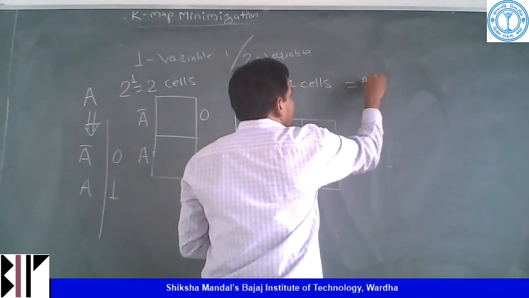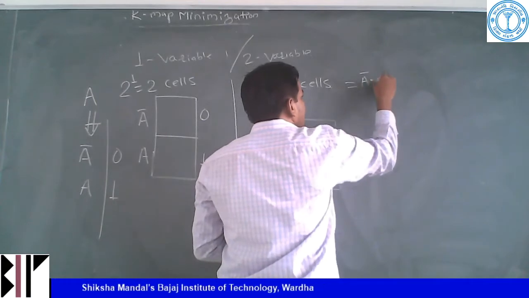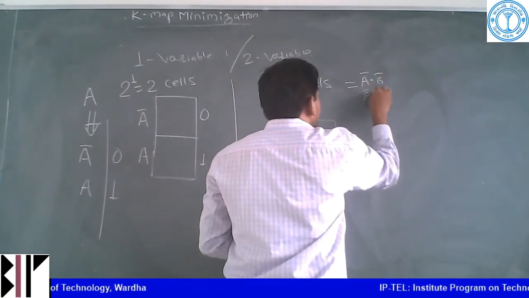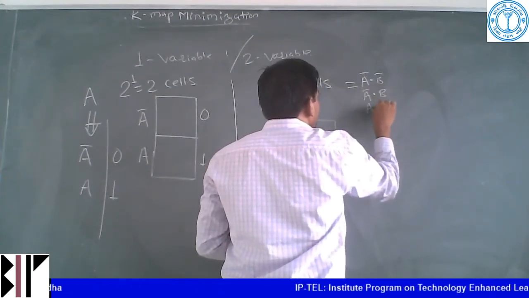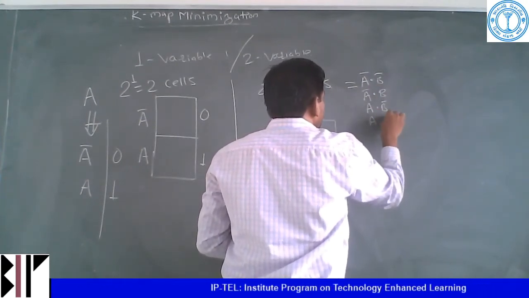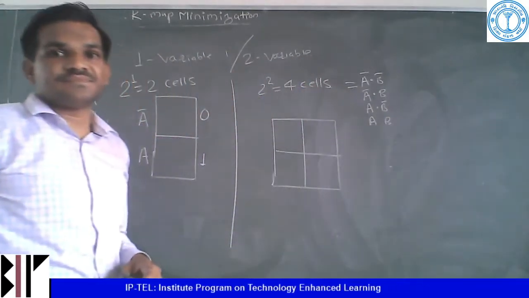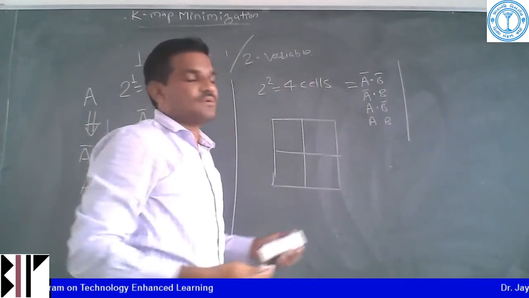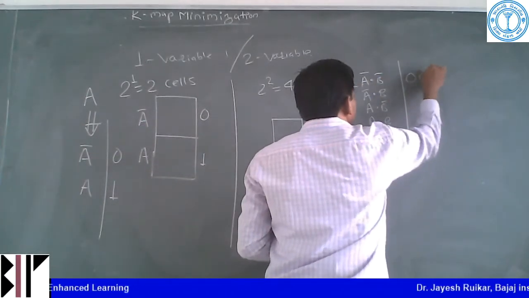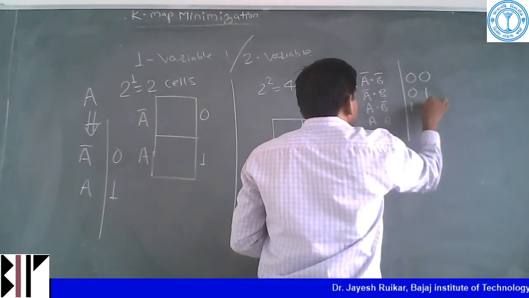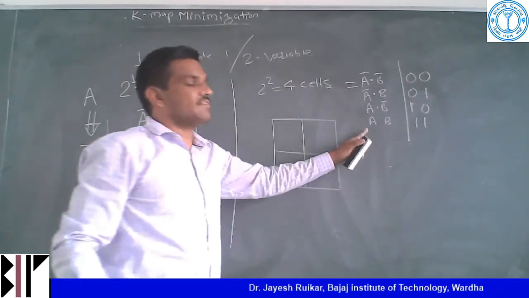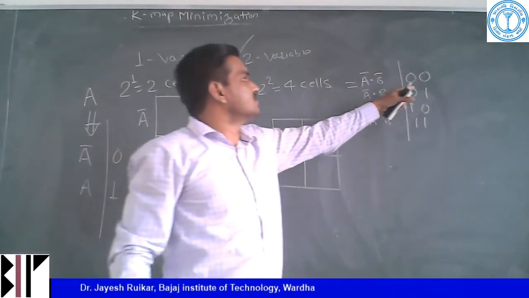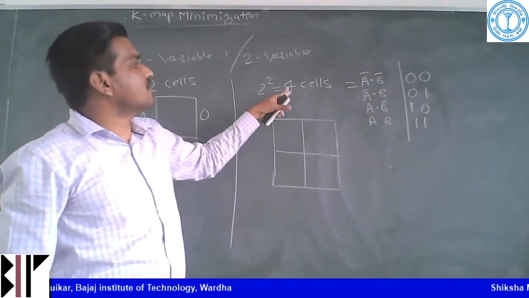If two variables are there, A bar dot B bar is one state, then A bar dot B, then A dot B bar, and then A B. In terms of binary numbers, we have 00, then 01, 10, and then 11. These are the states, which I have represented in terms of minterms or product terms. So four states are required, or 4 cells are there.